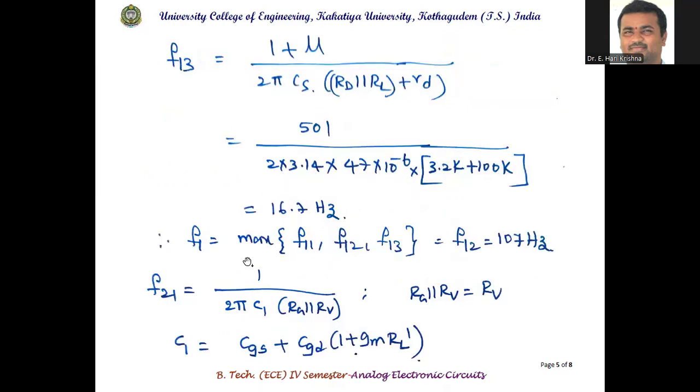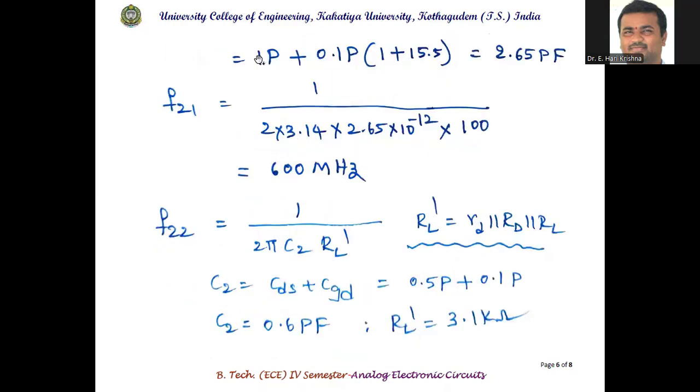Okay. Next, the F21 formula is 1 by 2 pi C1 (Rg parallel Rs). Rg parallel Rs is always Rs. Rg is 1 mega ohm. Rs is 100 ohms. And C1 is equal to CGS plus CGD into (1 plus gm RL dash). So gm RL dash is already computed.